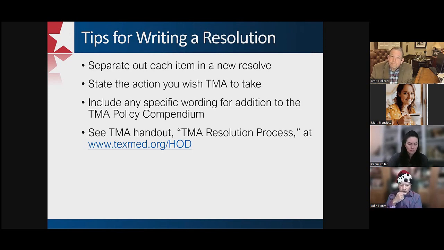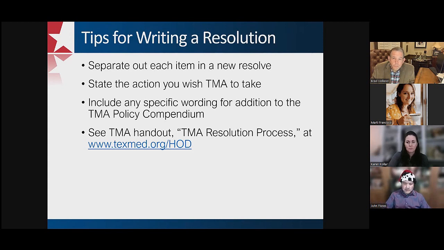I agree that the wording should be very clear and unambiguous. Over the last couple of decades in organized medicine, I've read a lot of resolutions, and I love it when somebody just tells me exactly what they want to happen. This isn't where you want to bring out your writing skills and use flowery words. You want to be really specific, so that when somebody reads it, they know that A, B, and C need to happen with this resolution.